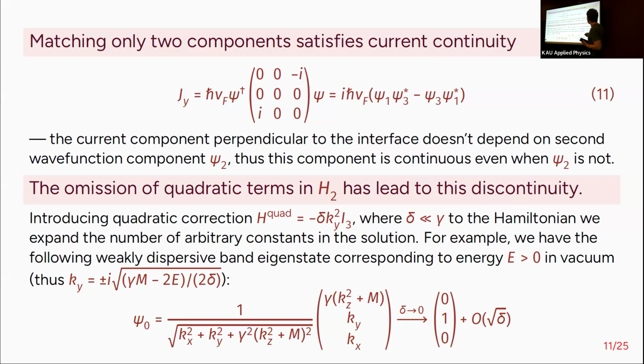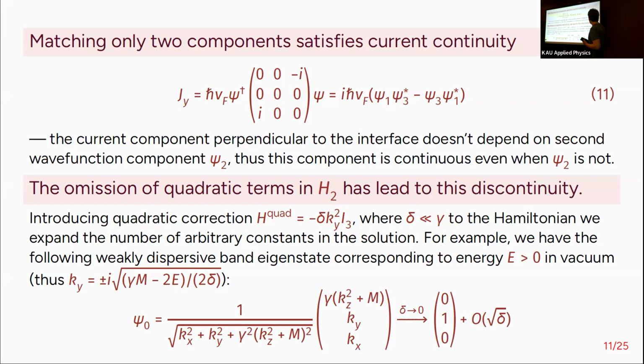It is because we omitted the quadratic correction, which gives only a quantitative difference for linear bands, but a qualitative difference for the flat band, because now our flat band gives an additional degree of freedom to our solution. It has additional arbitrary constants in the general solution.